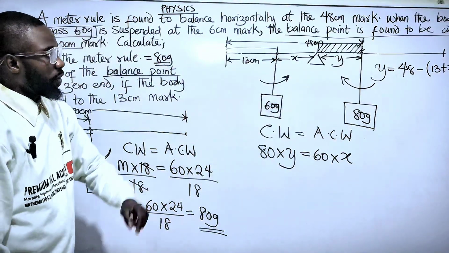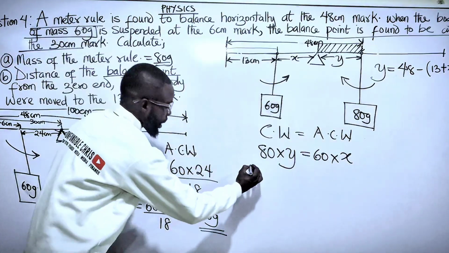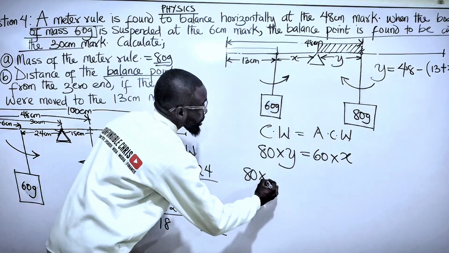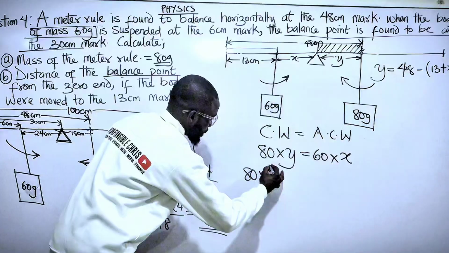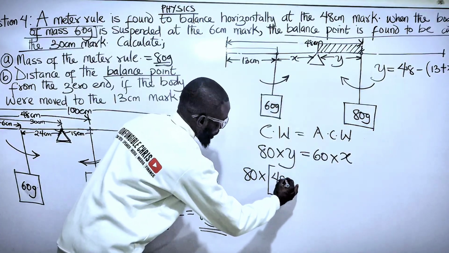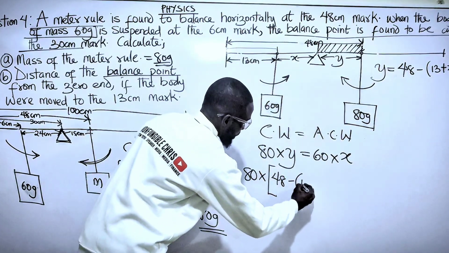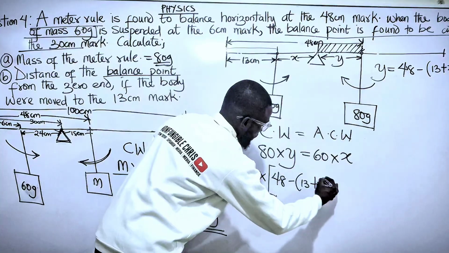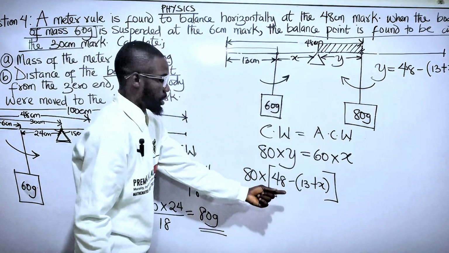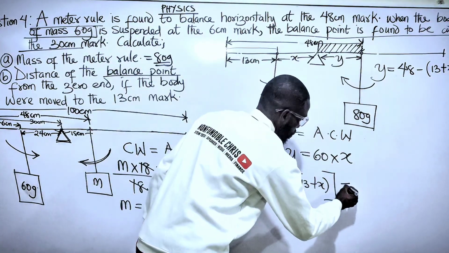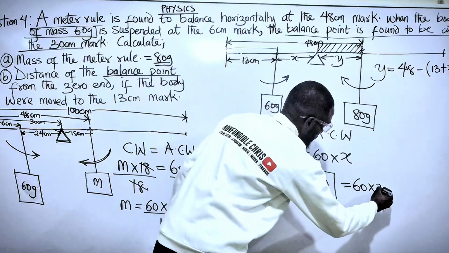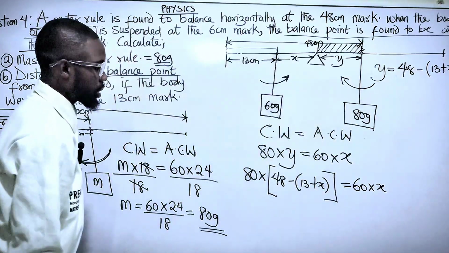But we said the value of y is 48 minus that, so we have 80 times, let's put the bracket, 48 minus 13 plus x, equal to 60 times x. All making sense now?